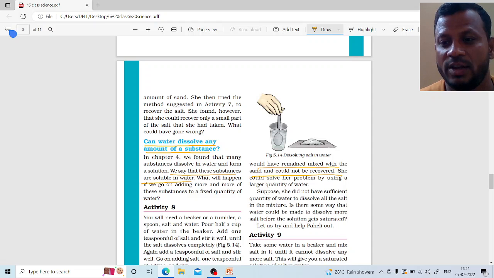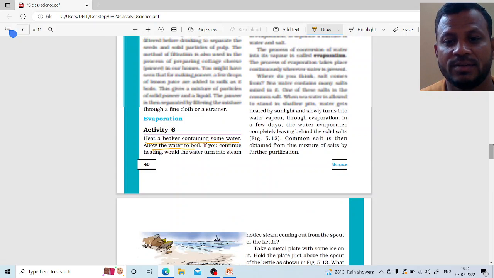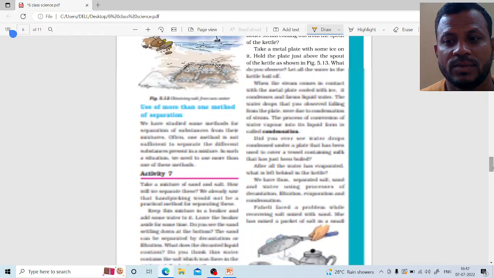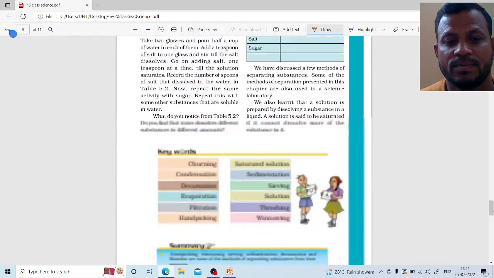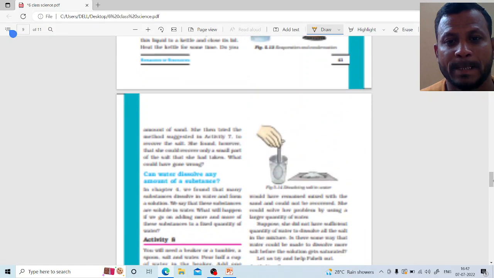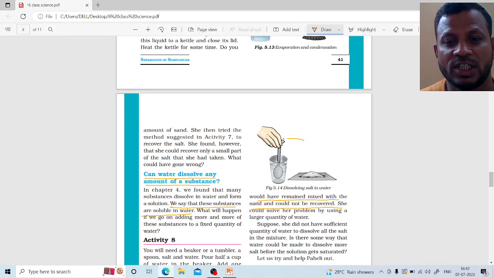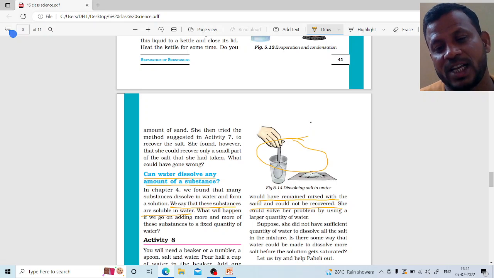Look here, we use this activity. You can do this activity in your home and comment the results.